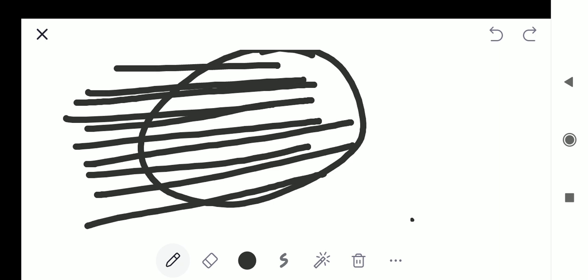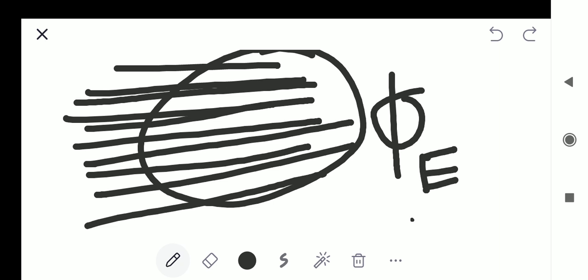The number of imagined lines passing through a unit area is called electric flux. It is represented by the symbol phi E. Phi E is the electric flux. Is it right?